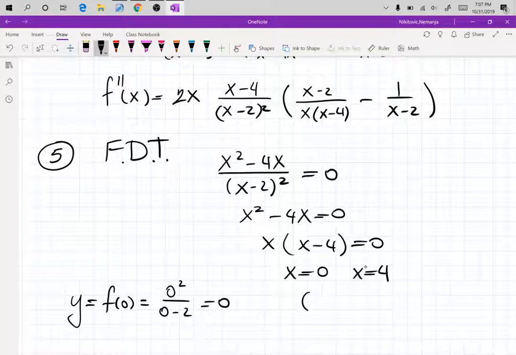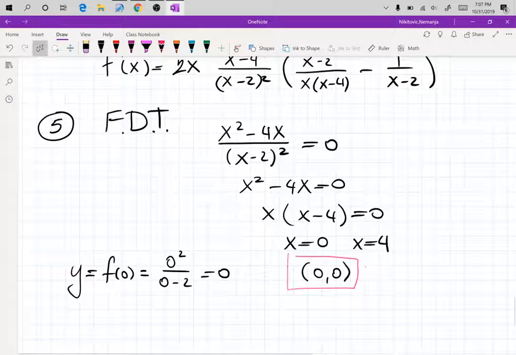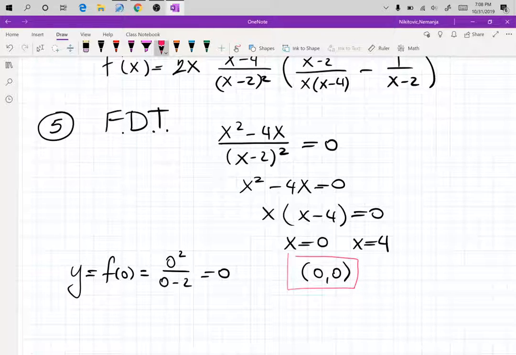And we have our first point, 0, 0. Now that's either a min or a max, but it is definitely a point for the graph. I'm going to box it. I'll write later next to it min or max. Right now I am boxing it because it definitely goes on the graph.